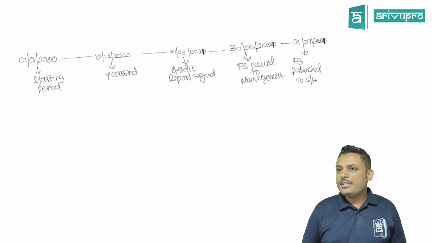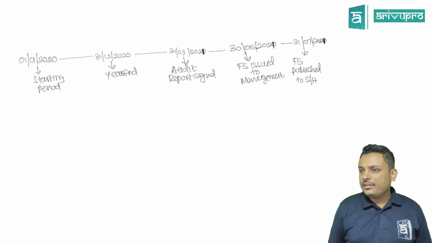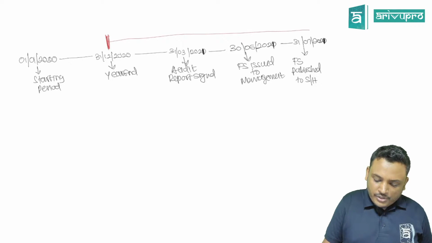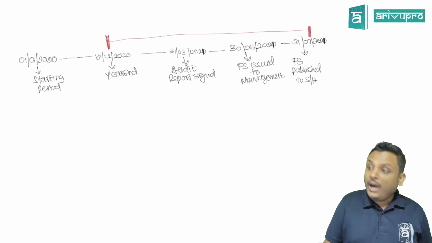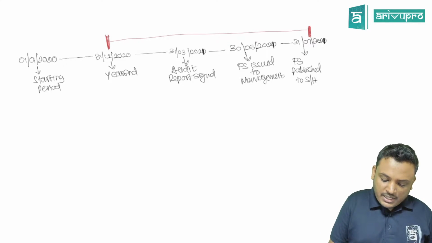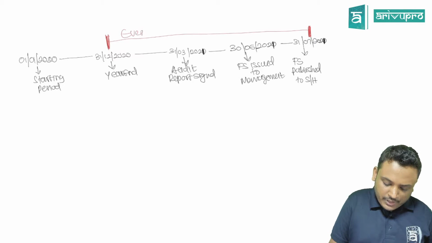Subsequent period means events after reporting period. So our reporting period is this. From this date to audit report published to shareholders, up to this date, it is known as events after reporting period.